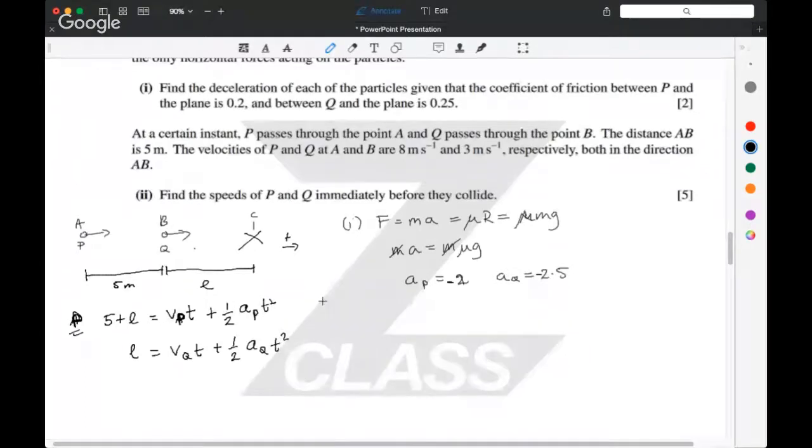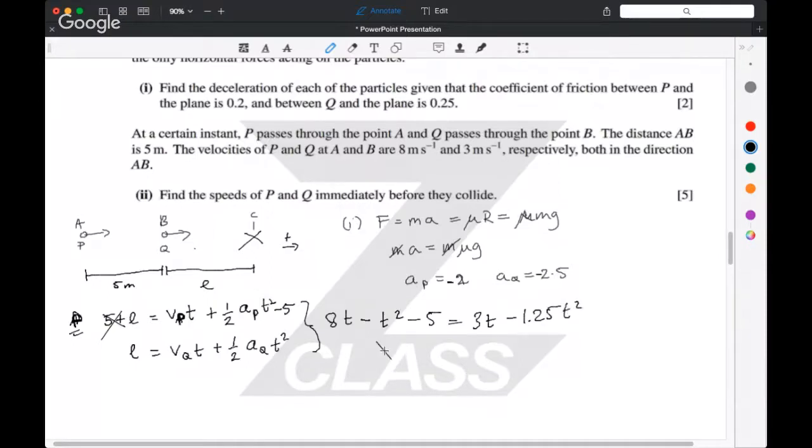So therefore, if I just take the 5 on this side, minus 5, I get that 8T, and I plug in all the values of V_P and a_P, remembering that a_P and a_Q are negative: 8T minus T squared minus 5 is equal to 3T minus 1.25 T squared.